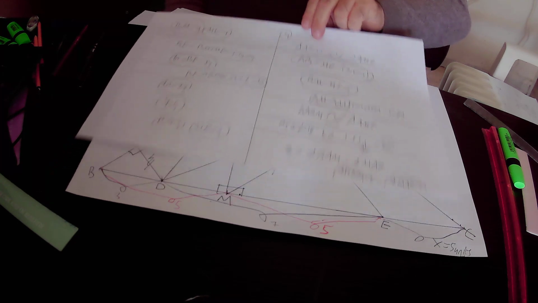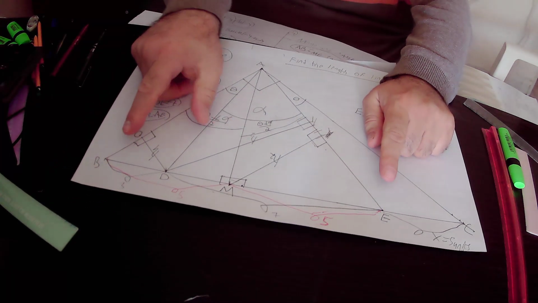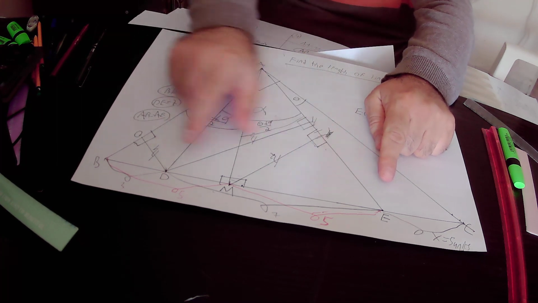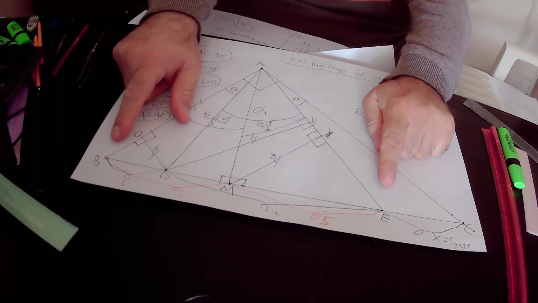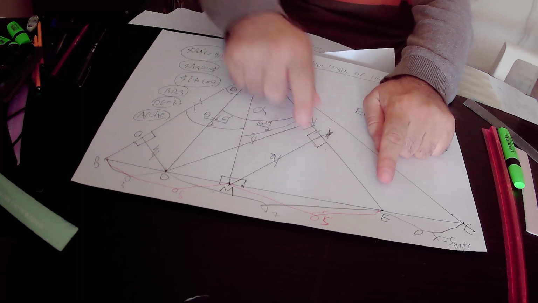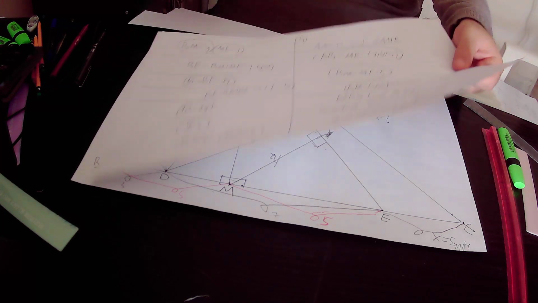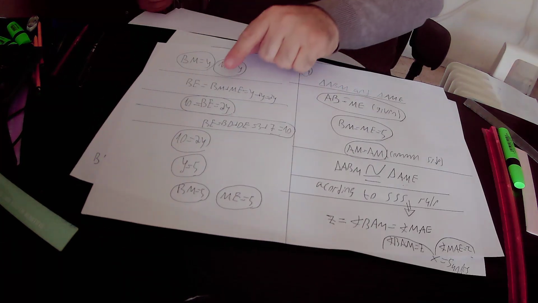But from the other side, what is the value of BE? The value of BE is BD plus DE, that is 3 plus 7. So BE equals 10 units.